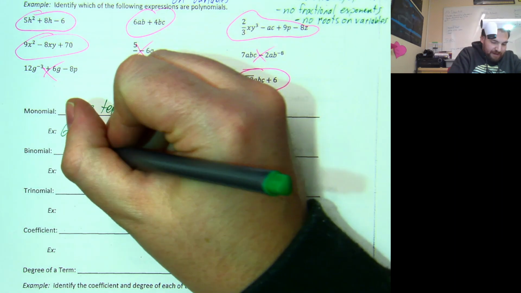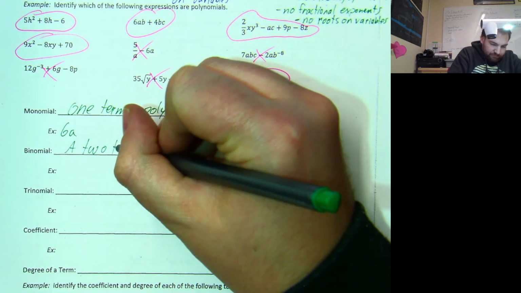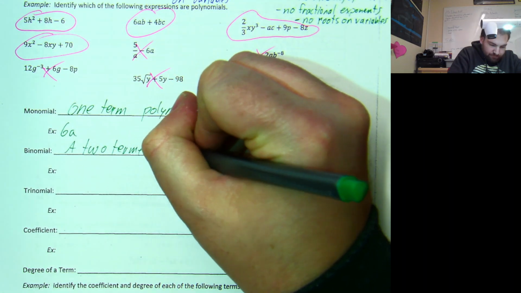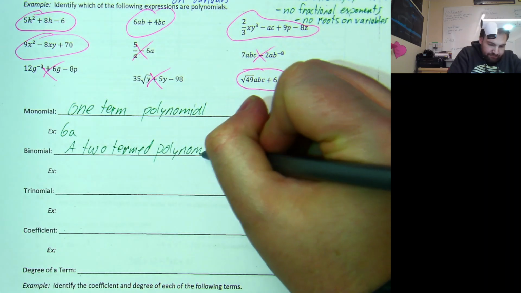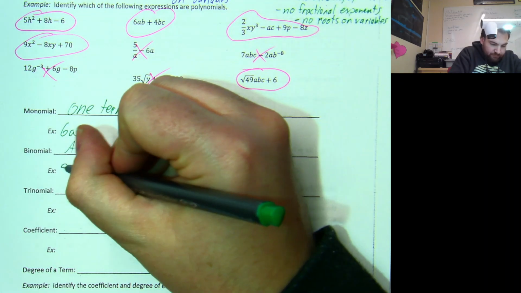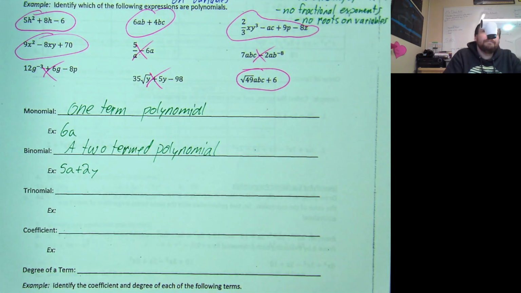A two-termed polynomial. Someone give me an example. 5a plus 2y. Cool. Yeah, there's still two terms there.